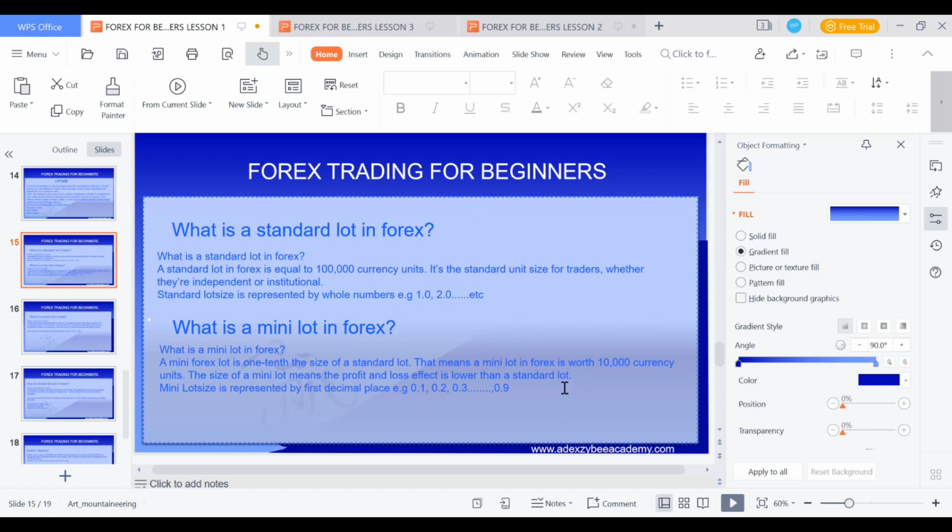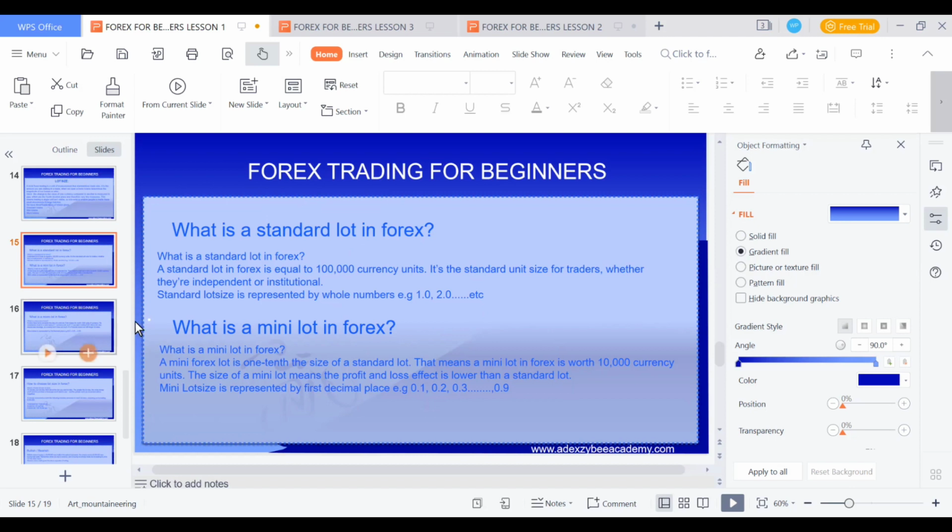If price should move 1 pip in their favor, the standard lot person is going to make 10 times the profit of the mini lot person. That's just what it is.